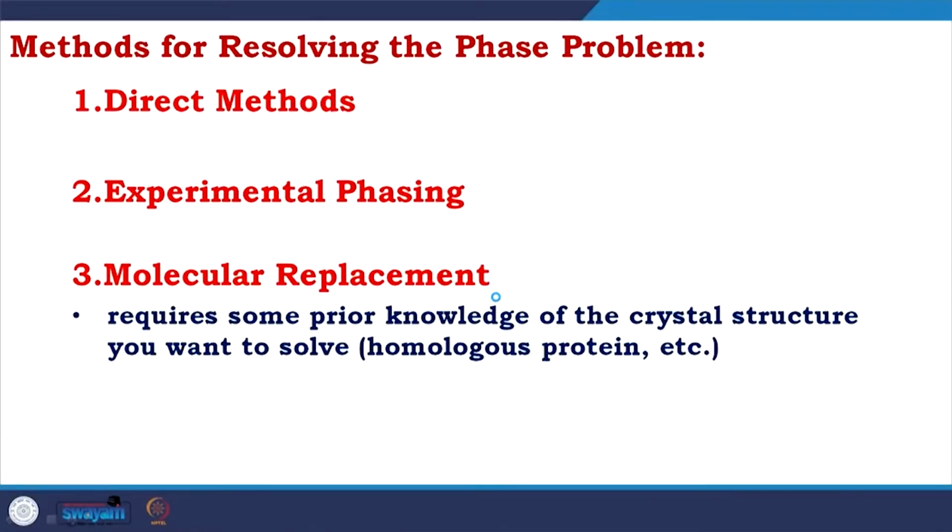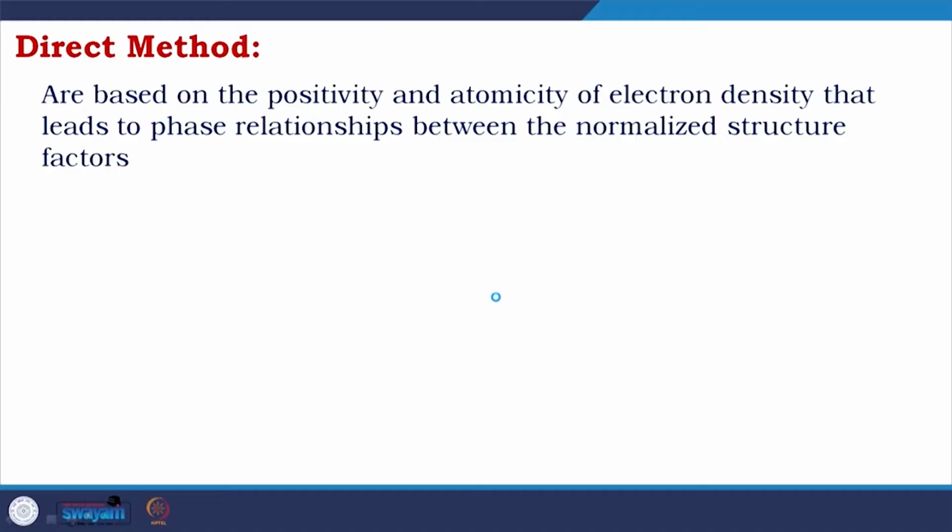We talked about the methods, the direct method, we discussed details, the experimental phasing using heavy metals we again discussed, and molecular replacement, which is our topic today. But in addition, today we will also talk about some of the very interesting features related to the experimental phasing, especially the mathematical ones.